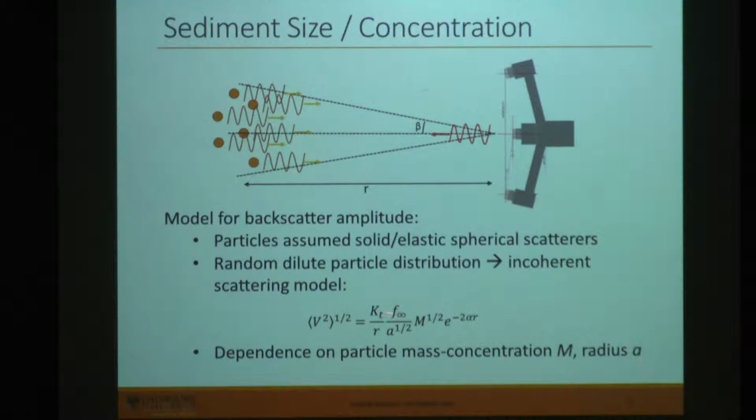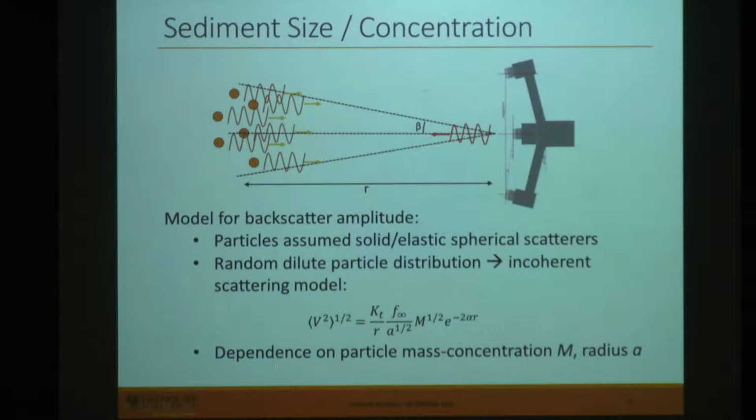There's the backscatter form factor and a scattering attenuation. These require calibration on a site-by-site basis because they depend on the roughness of the scatterers and the material the scatterers are made out of. But these are generally calibrated for in the lab as a post-processing step. And then we have what we're really after, which is the mass concentration of sediments M and the particle radius A. And these are then cast as a function of range and time.